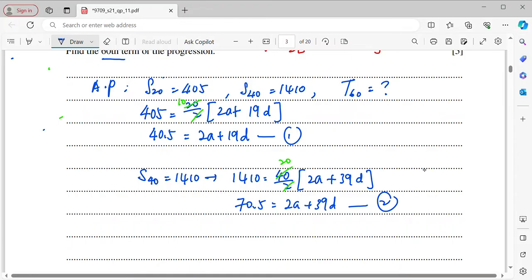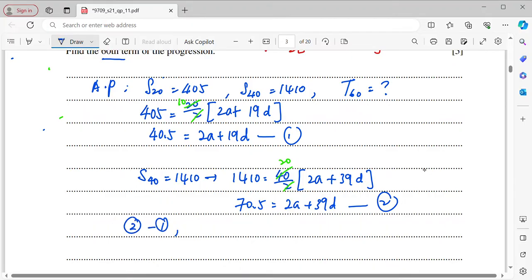Now, for the first equation, the first term on the right side is 2a. For the second equation, the first term on the right side is also 2a. Due to that reason, I'm going to use the elimination method to solve these two simultaneous equations, which means I'm going to use second equation minus first equation.